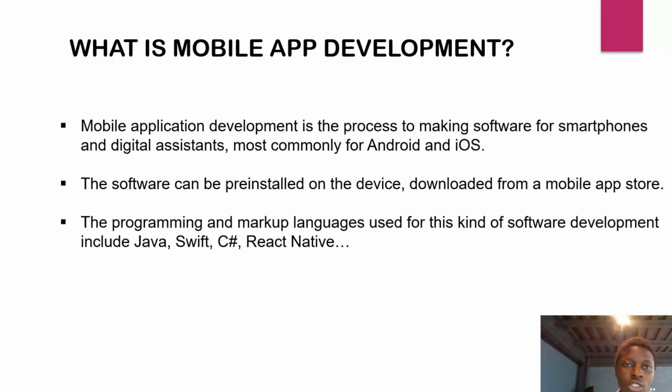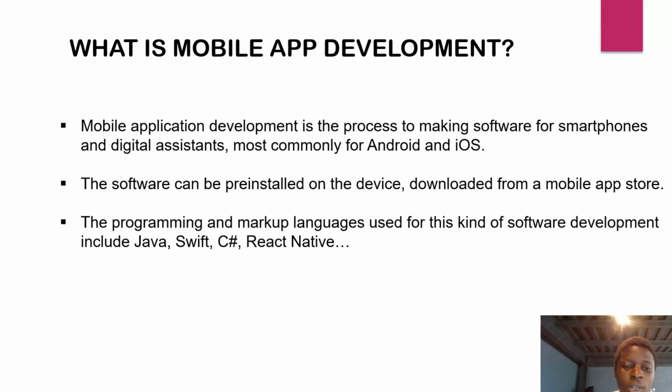Whereas for Android, you can see so many brands making use of that operating system, like Tecno, Infinix, even Google Pixel. They have so many devices like that. Those are examples of operating systems in mobile devices.